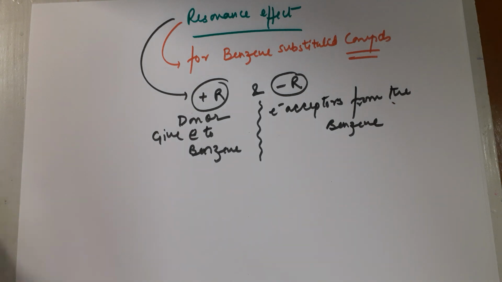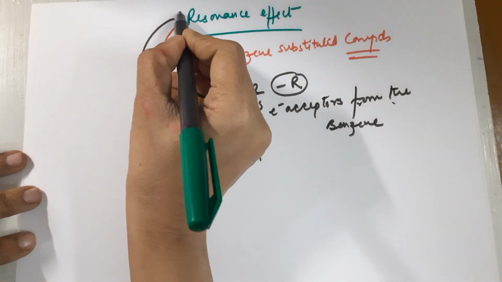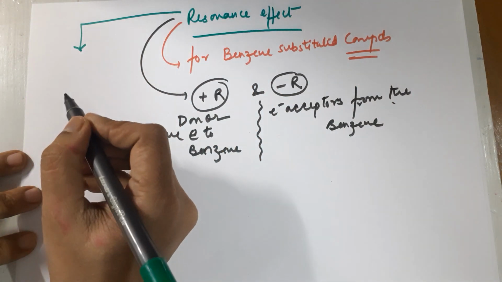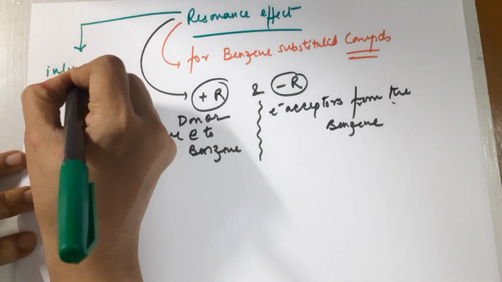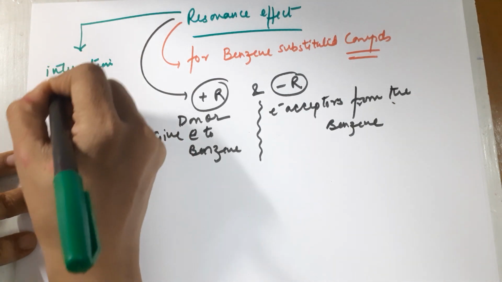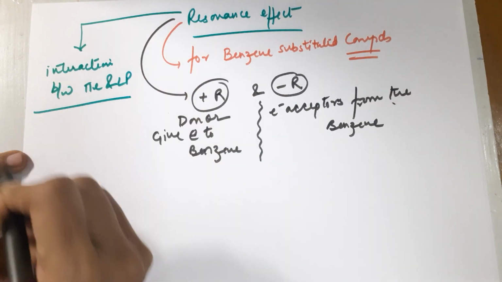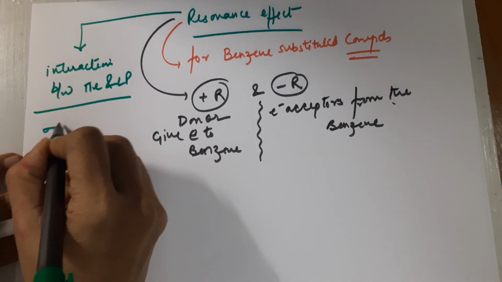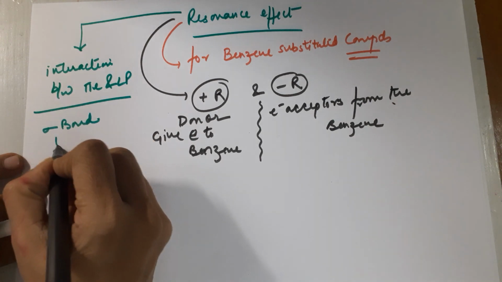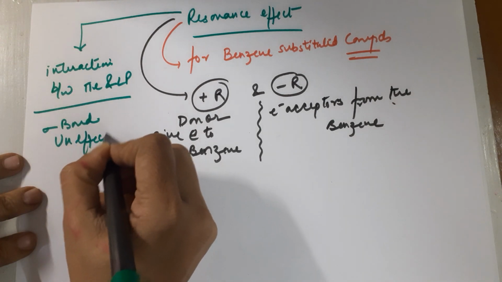Under all circumstances, when we talk about the resonance effect, it is said to be an interaction between pi electrons and lone pairs, which also means your sigma bond is unaffected.